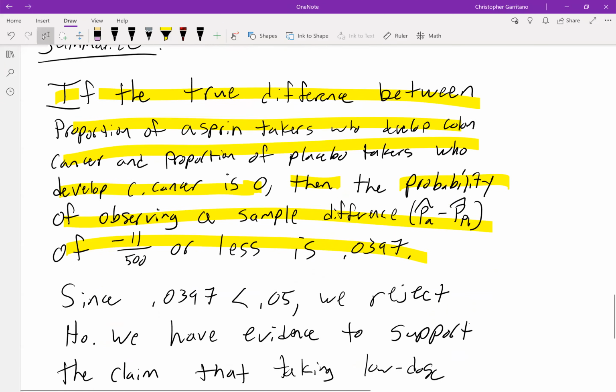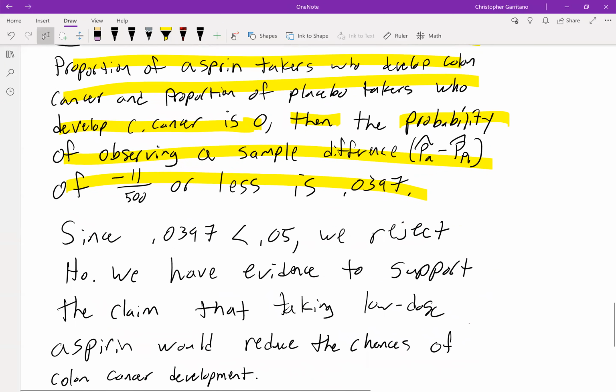Now on to the decision. Since that p-value is less than 0.05, which was our alpha value, we're going to reject H null. Right? Alpha is the thing that tells us what is considered rare. So in this case, alpha is 0.05. So anything less than 0.05 is considered rare. And when I say rare, it seems like it's too strange of a situation to have occurred.